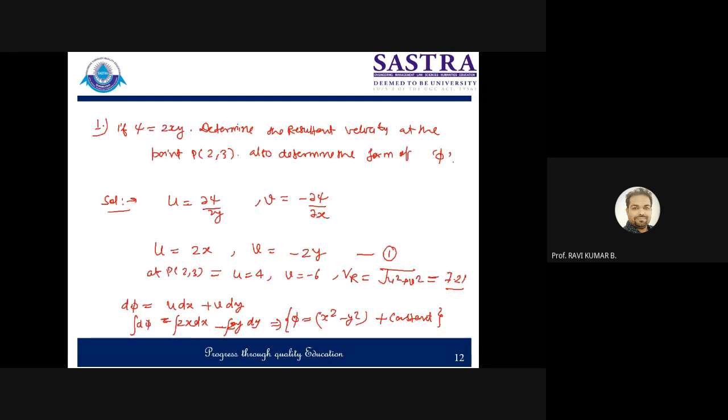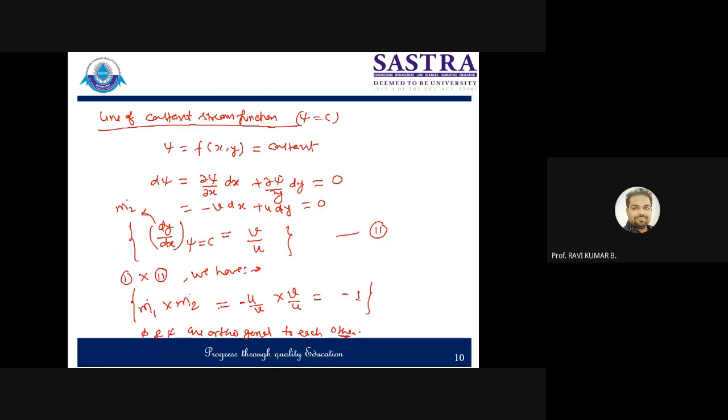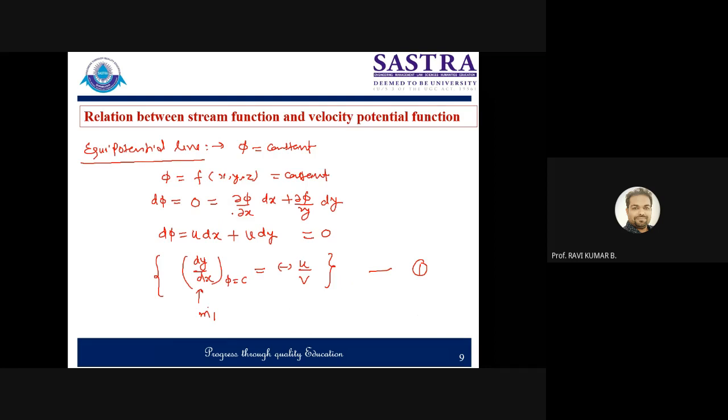You have to proceed in a similar way. Like here you have written the d phi, you write the d psi. If here it is phi, then if you are writing d psi, this will become minus v dx and plus u dy. So you have to remember all these formulas which have been given to you. These are all the formulas that we have derived over here. This is given for psi, and similarly we have got for phi as well.